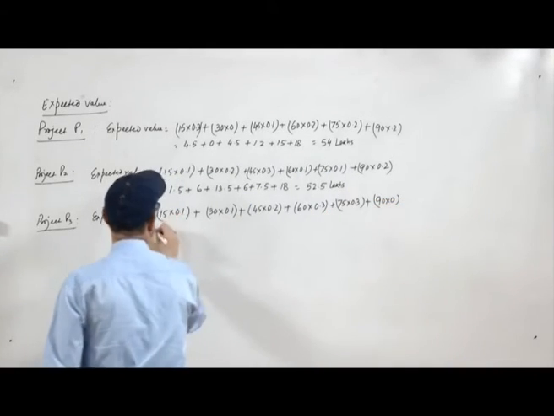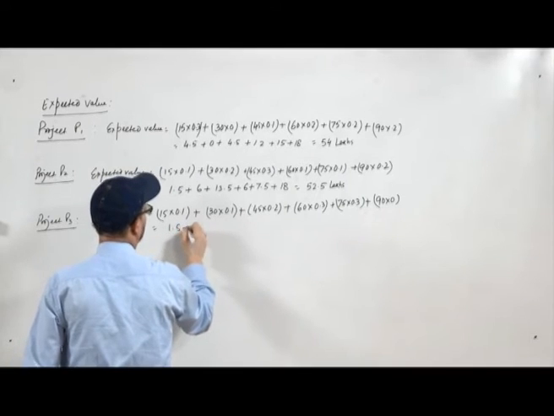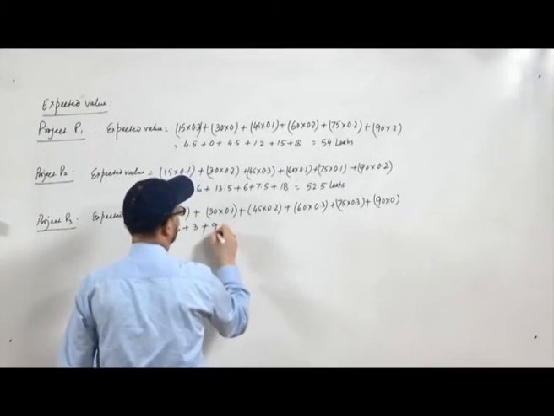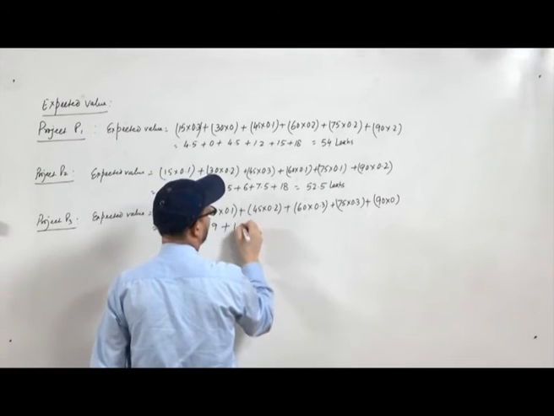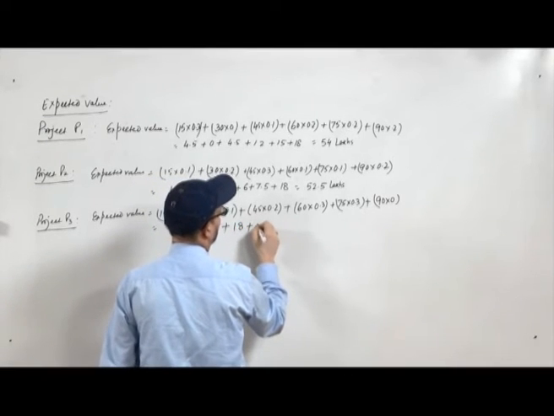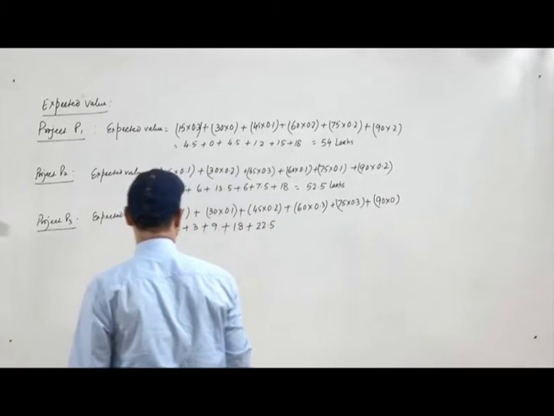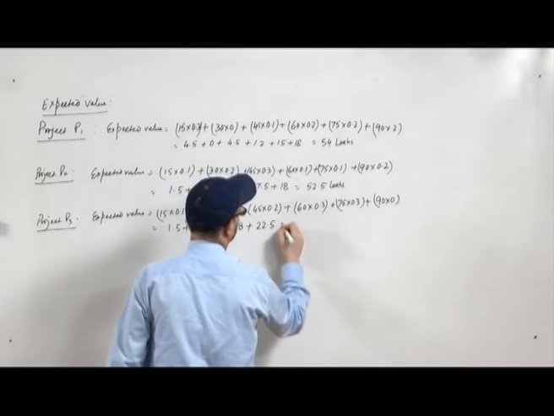So, this will be 1.5 plus 3 plus 9 plus 18 plus 22.5. So, this is 54.